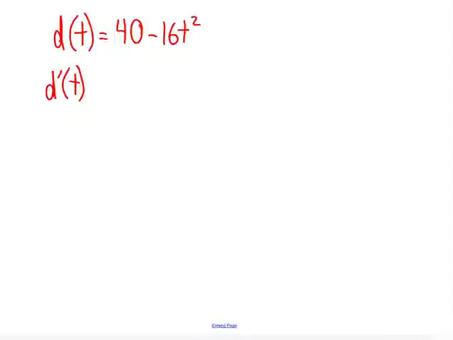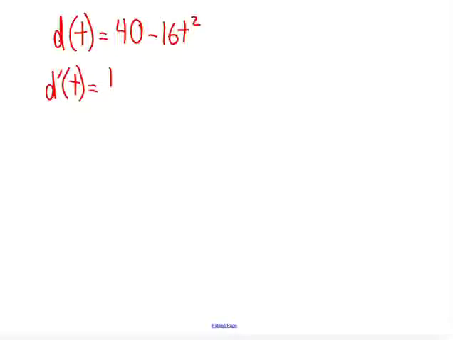That function was its distance off the ground, equal to 40 minus 16t squared, because it was falling from 40 feet up. Well, let's figure out what d prime of t would be.